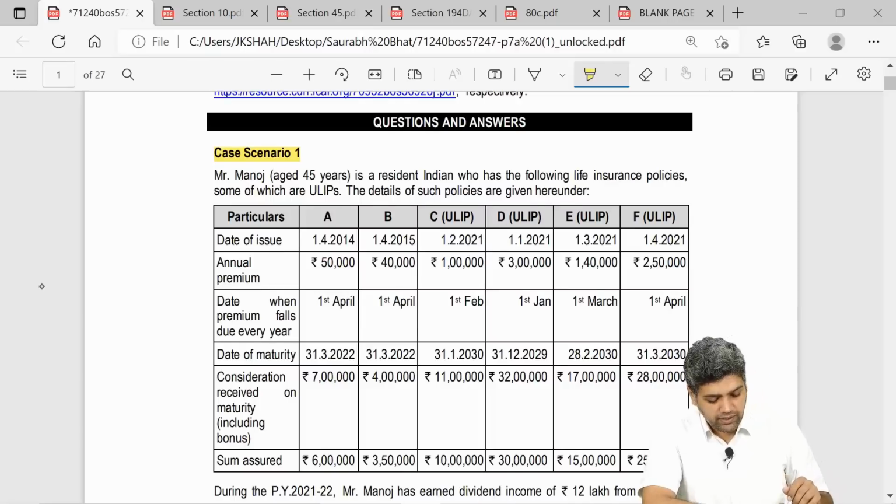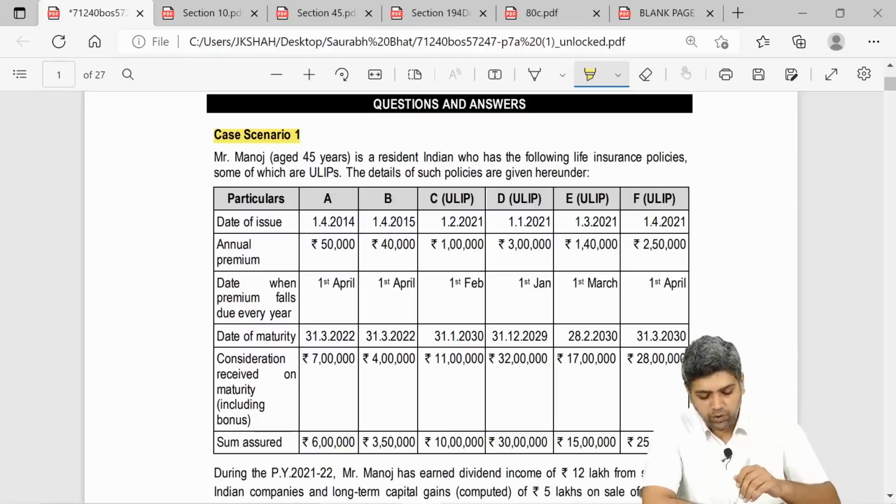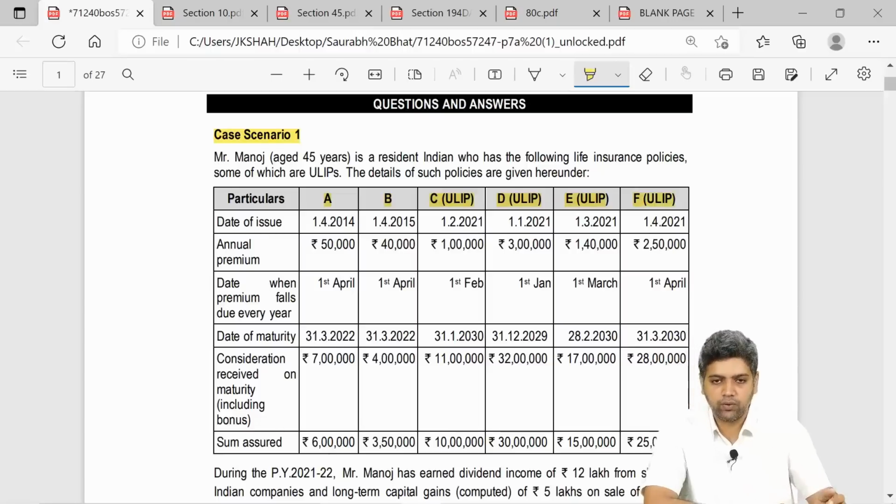Let's look at it. It says Mr. Manoj, aged 45 years, is a resident Indian who has the following life insurance policies, some of which are ULIPs. The details of such policies are given hereunder. Now there is policy number A, policy number B, policy number C, D, E and F. Now if you notice, policy A and B are the traditional policy, which we also call as endowment policies, whereas policy number C, D, E and F are unit linked insurance plans.